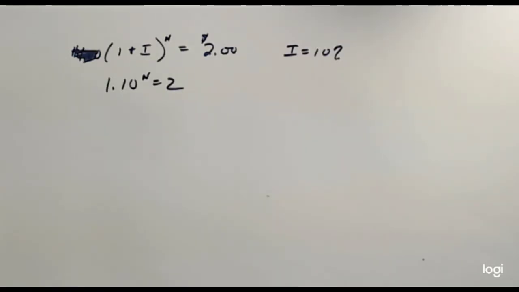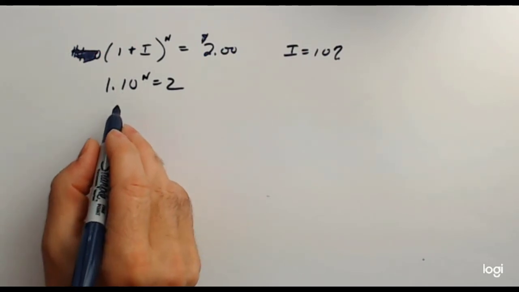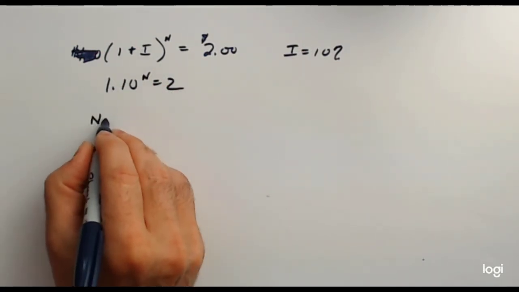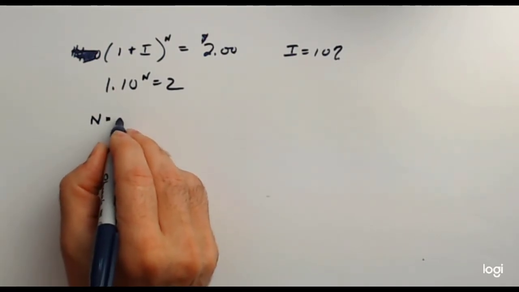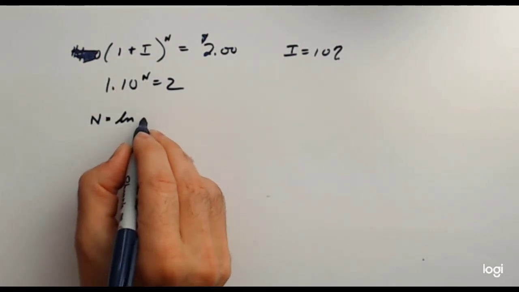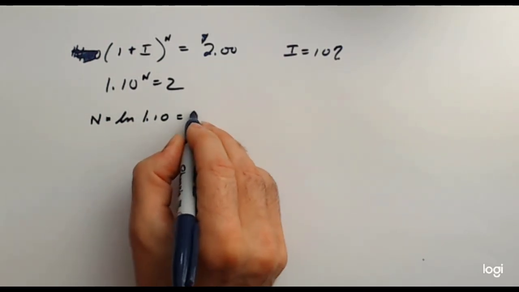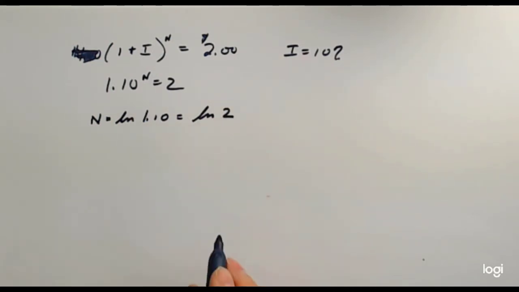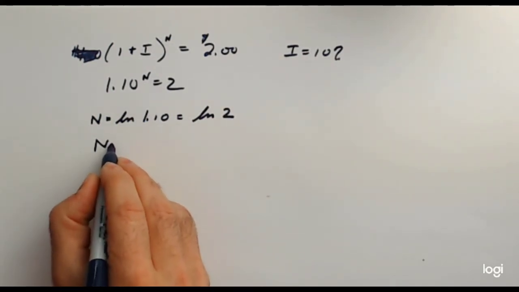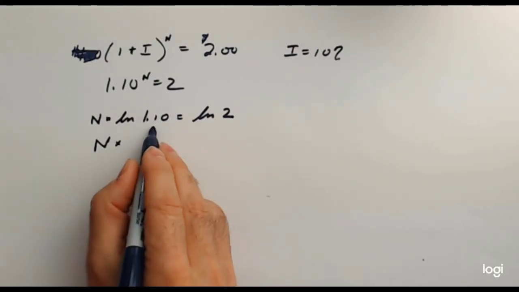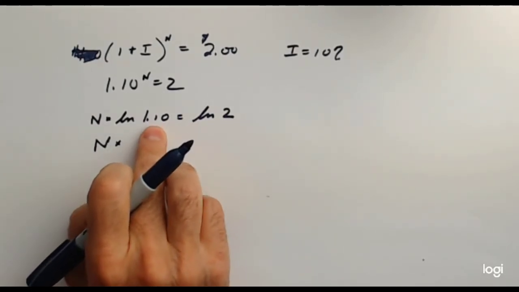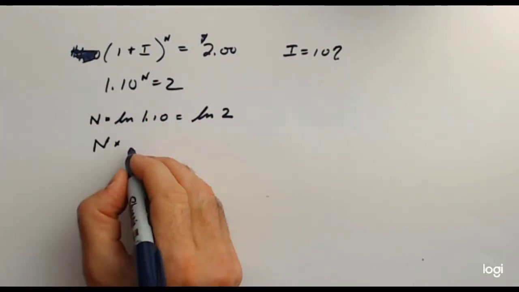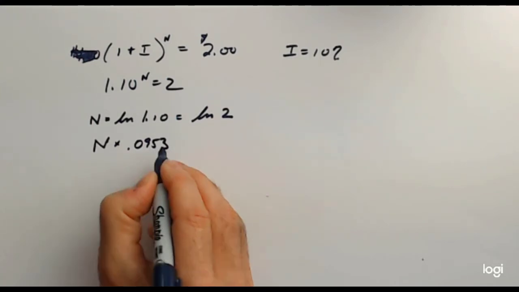That's the key. Because it turns out, if you take the natural log of both sides, this becomes n times the natural log, that's ln, of 1.10 equals the natural log, that's ln, of 2. So type into your calculator 1.10 and then hit the ln button, and you'll get 0.0953.